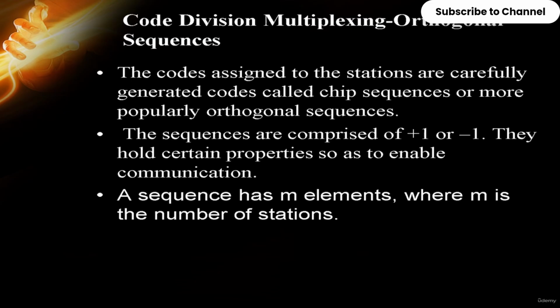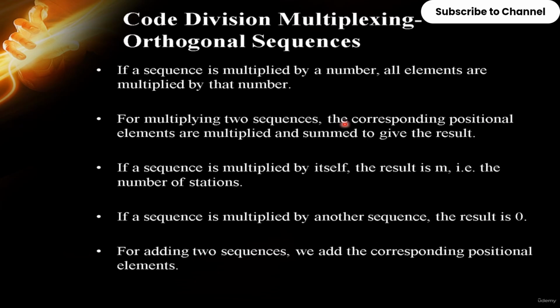In code division multiplexing, orthogonal sequences are used. Orthogonal sequences are carefully generated chip sequences, comprised of either +1 or -1, and they hold certain properties by which interference is avoided. When a sequence is multiplied by a number, all elements are multiplied by that number.